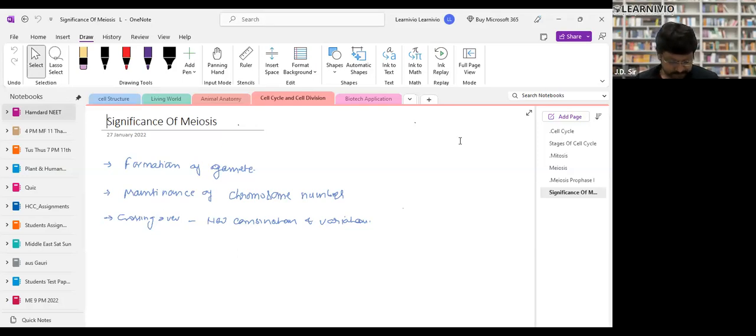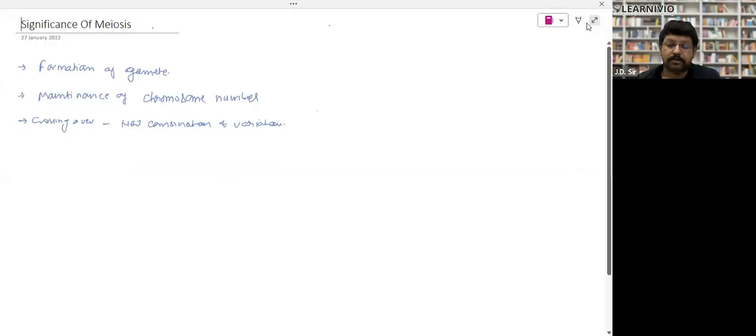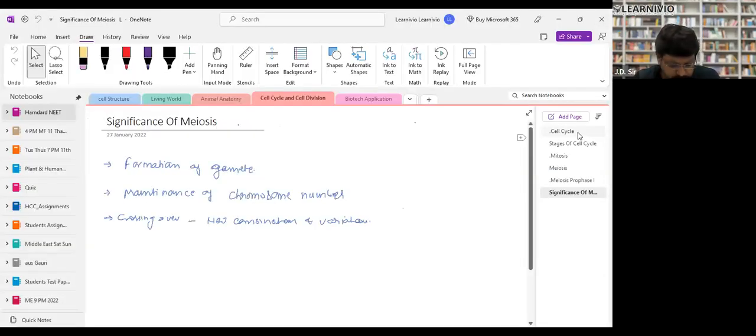Next, crossing over makes new combinations of genes. Fine. So this was the significance of meiosis.